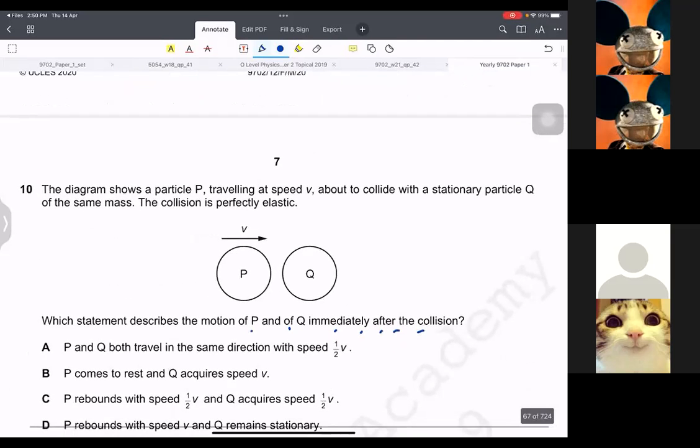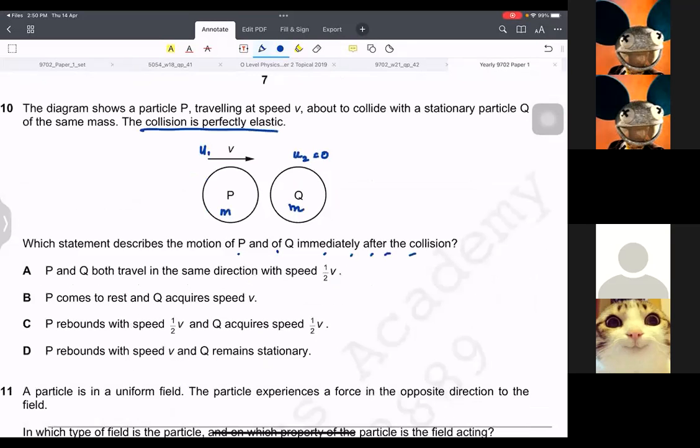In this one, it says about to collide with a stationary particle, right? So U1 is V, U2 is 0. Same mass, perfectly elastic. Which describes the motion immediately after?